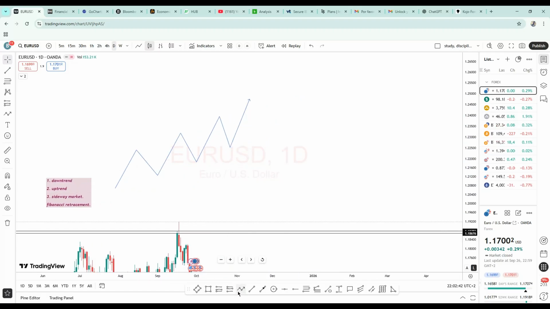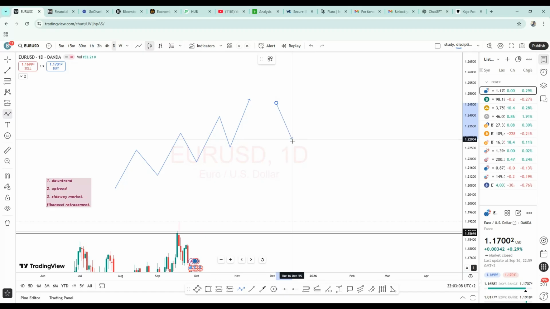Now, let's talk about a downtrend. A downtrend is the flip side of the uptrend. The uptrend is looking to the upside, but in a downtrend, we'll be creating new lows to the downside.